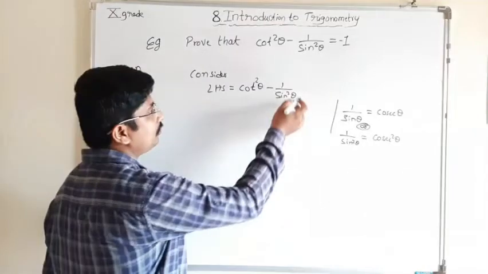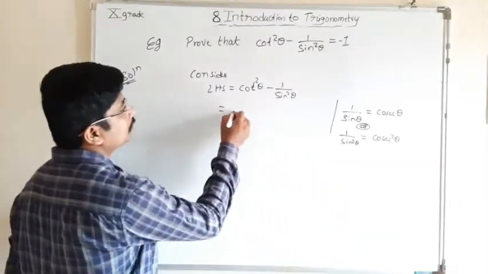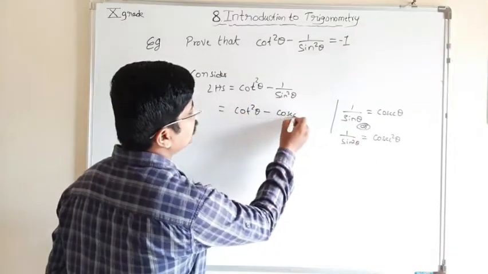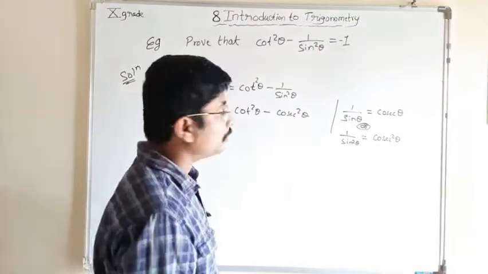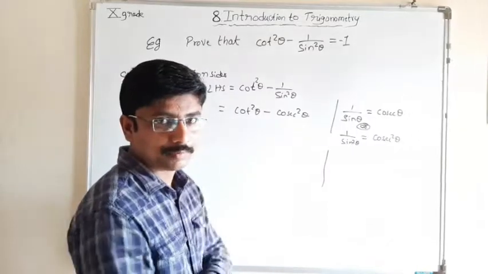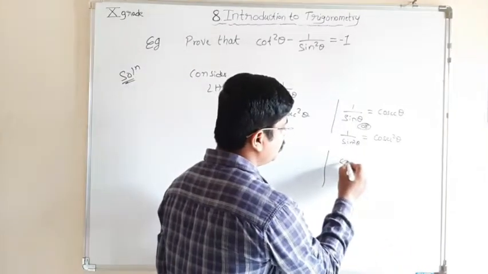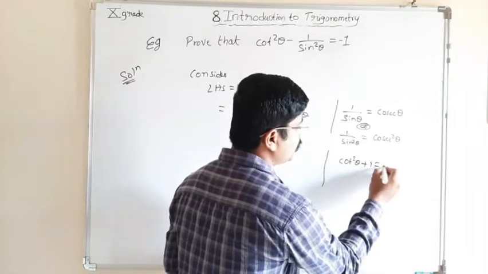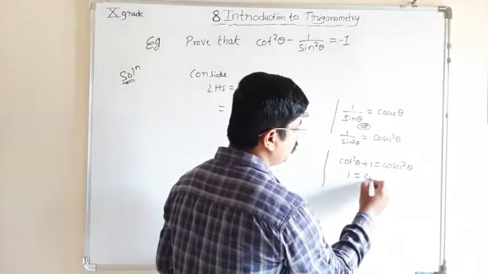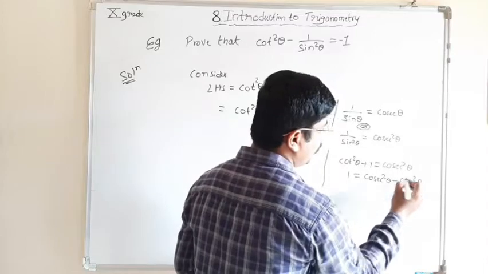Why? Because we have here 1 by sin square theta. This is equal to cot square theta minus cosec square theta. For that reason, by using the identity cot square theta plus 1 is equal to cosec square theta, written as 1 is equal to cosec square theta minus cot square theta.